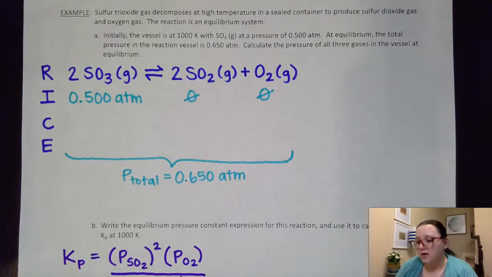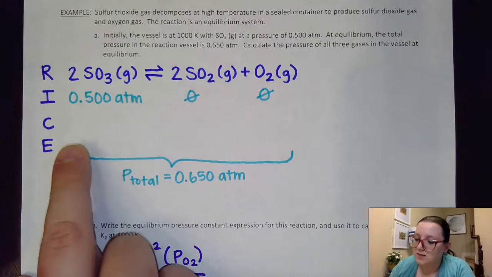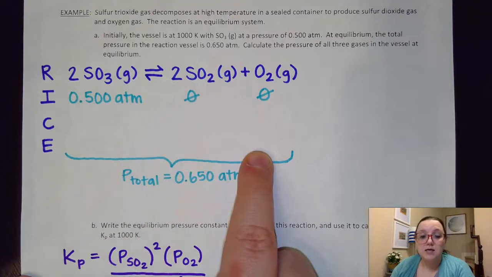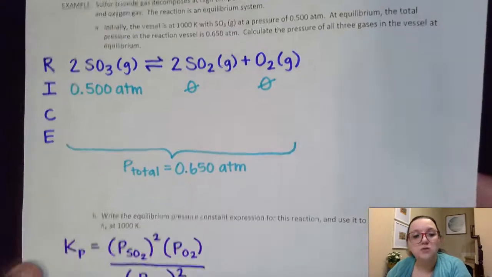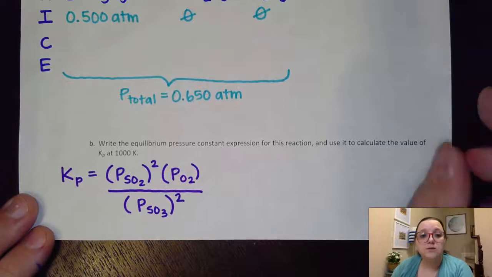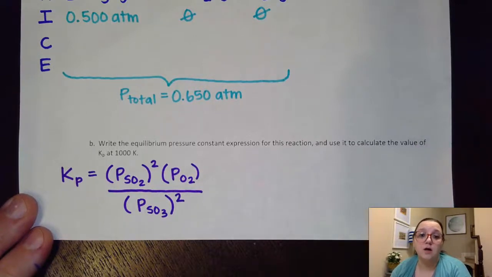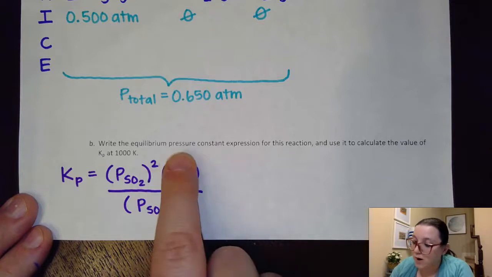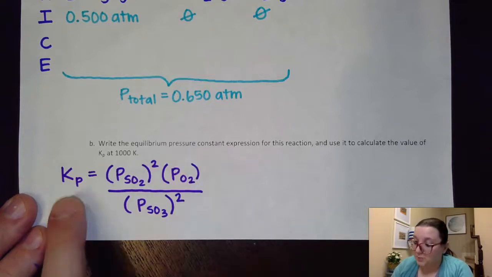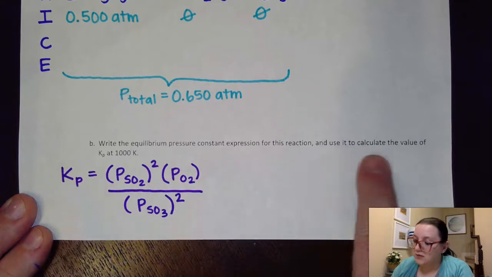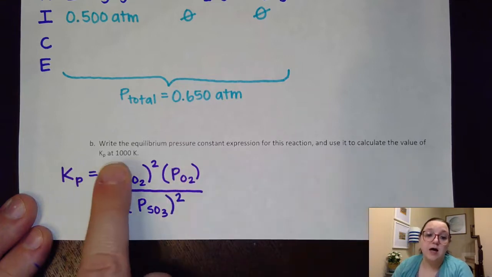Now I am going to go ahead and show you where we're going with this problem. The whole idea of getting these ending pressures at equilibrium is so that I can do part B. Part B wants us to write the equilibrium pressure constant expression for this reaction. Now you notice here they're saying pressure constant, the Kp, and we want to use it to calculate the value of Kp at 1000 Kelvin.